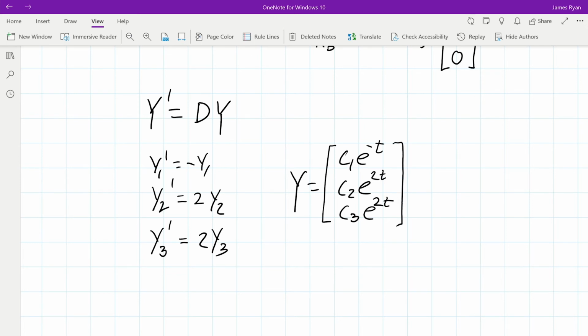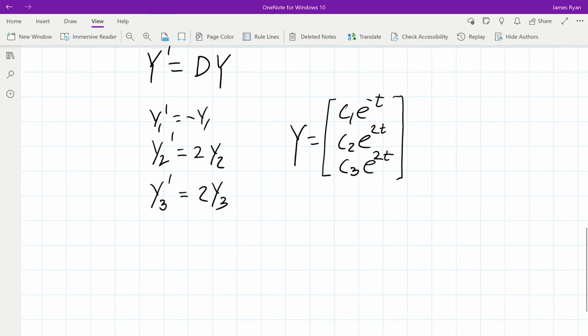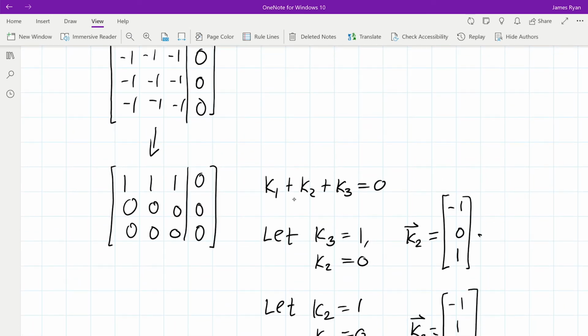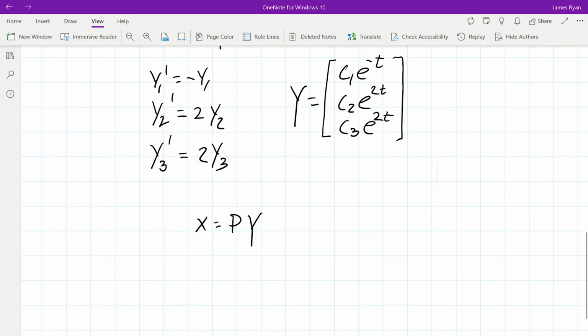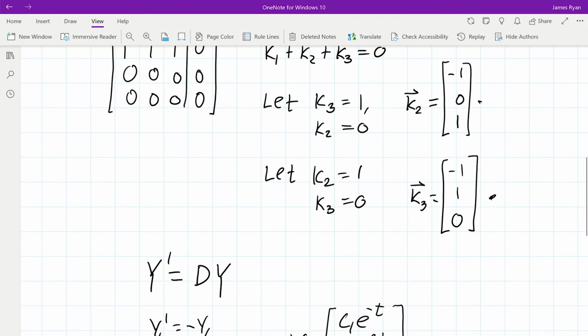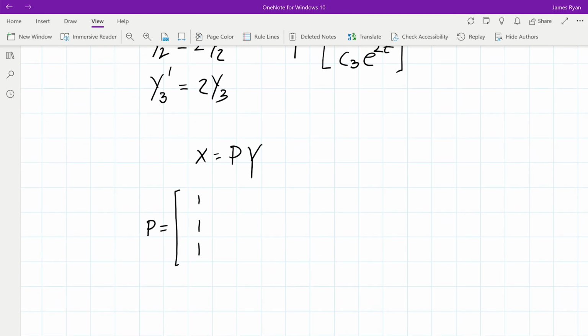And so from here, we have y, so we can form x by x equals P y. And so let's see, what order do we have? So we had, this is k1 and this is k3. So P will be, what was k1? k1 was 1, 1, 1. So 1, 1, 1, negative 1, 0, 1, negative 1, 1, 0.